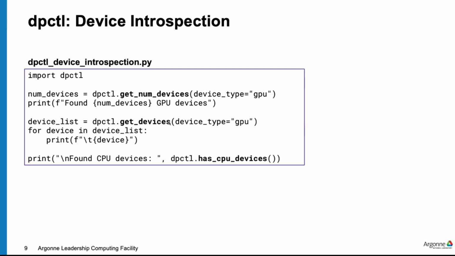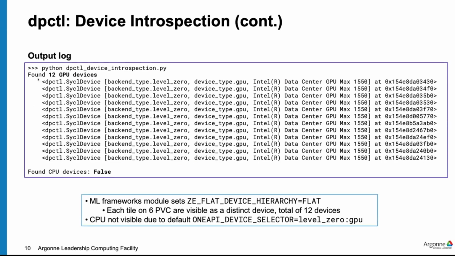We can also get the devices as a list, again filtering by type, in this case, GPU. And then this device list allows you to loop over the devices and print information, for example. And then you can also query, for example, if the CPU device is visible. And so when you run this little snippet of code, what you see is that on an Aurora node, you actually find 12 GPU devices.